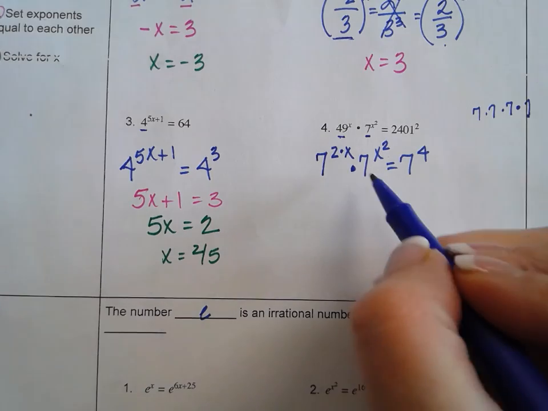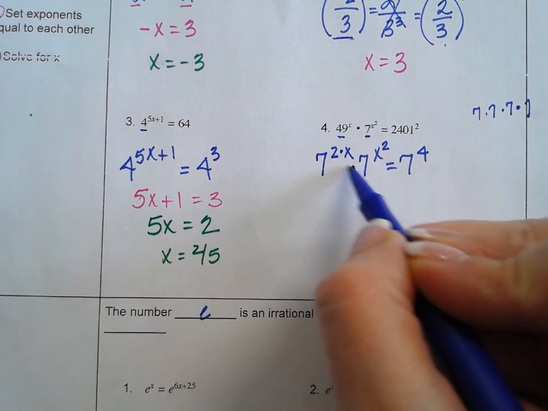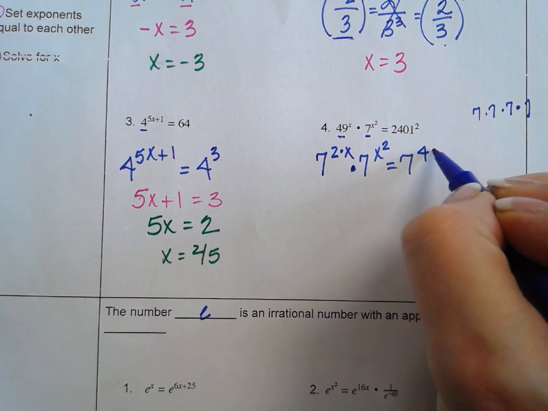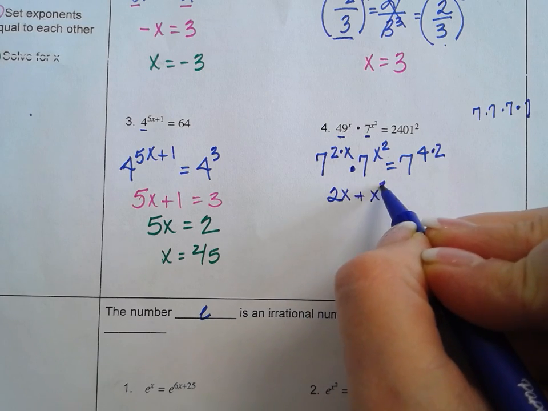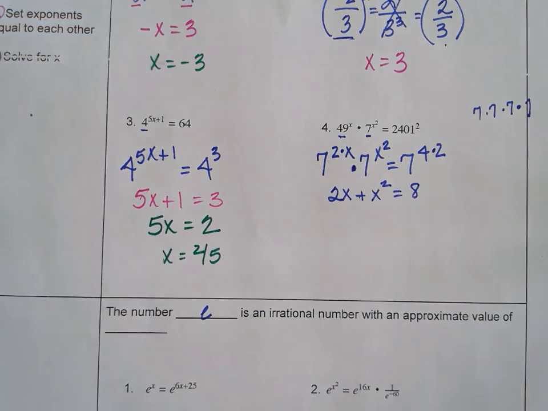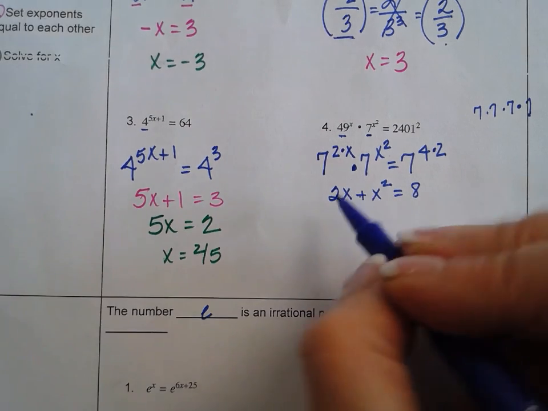Alright, so remember the rules when we're multiplying. We add, and so I'm going to get 2x plus x squared is equal to 8. Good? How do I solve that? Set it all equal to 0. Perfect.